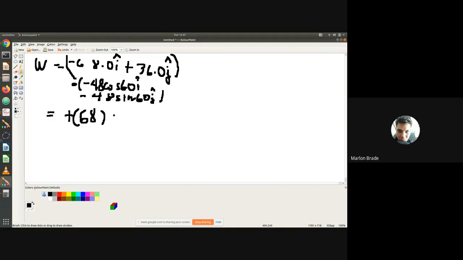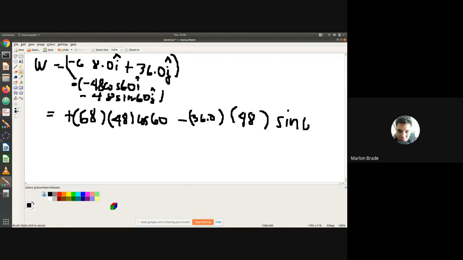Cosine 60 is one half. So negative 68 times 48 cosine 60, and then minus 36.0 multiplied by 48 sine 60.